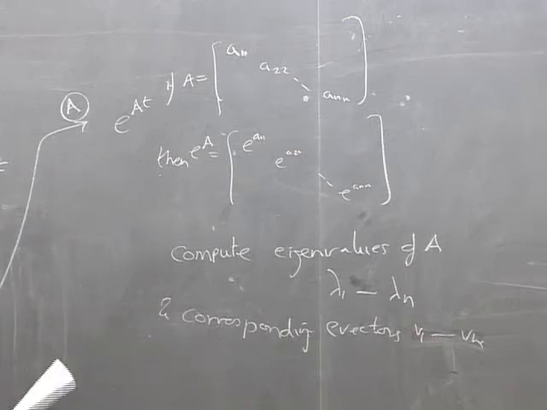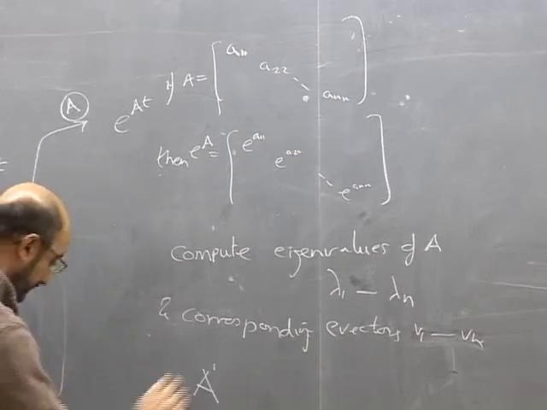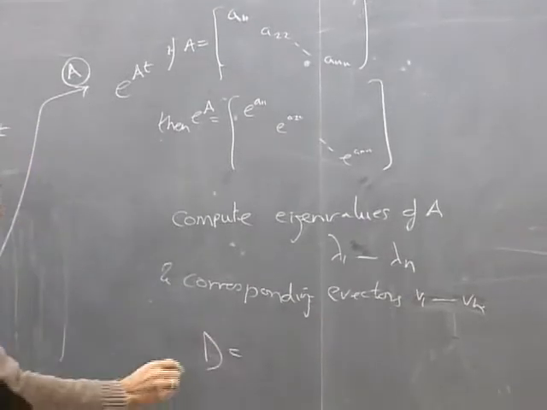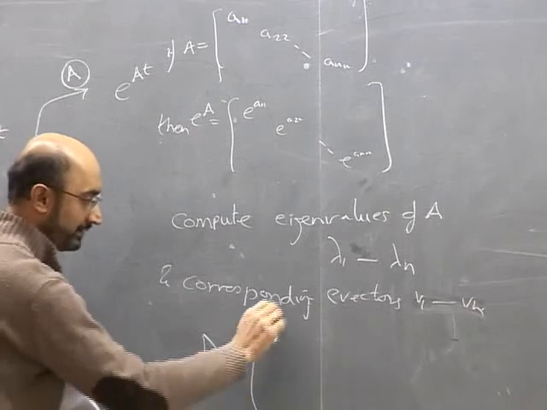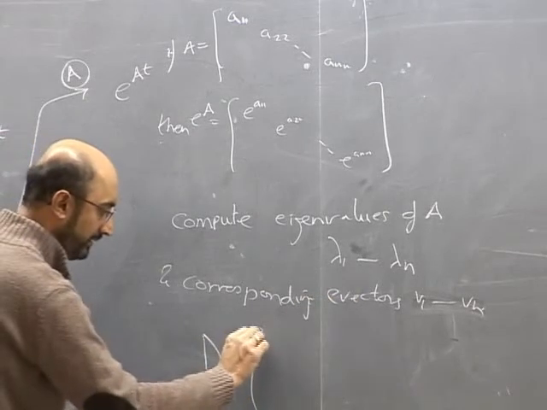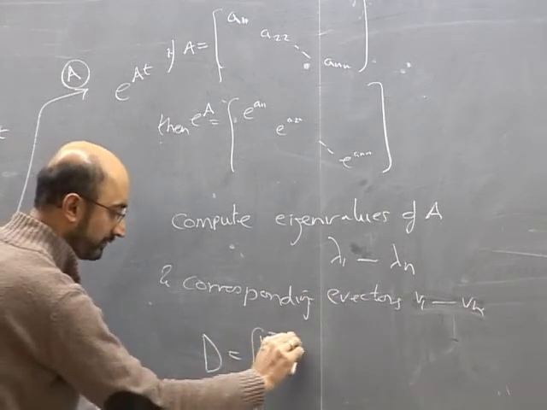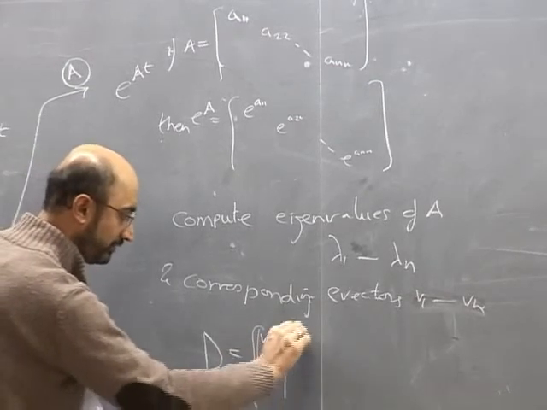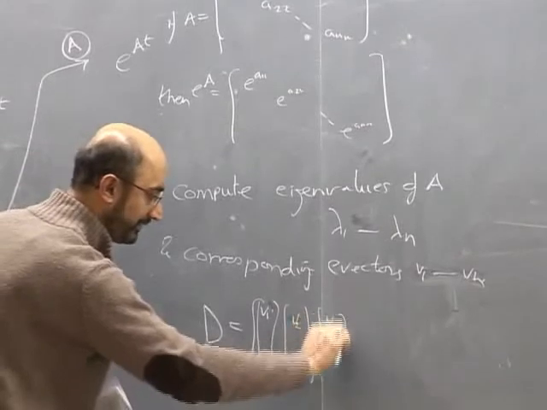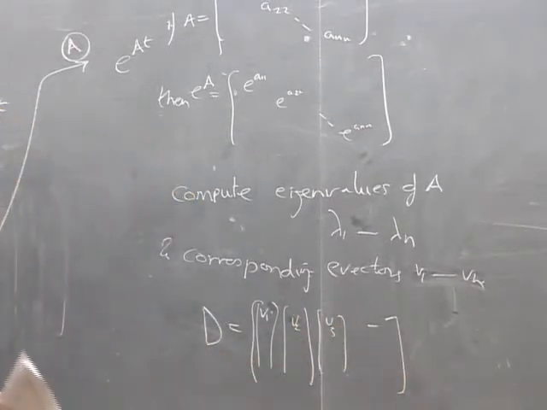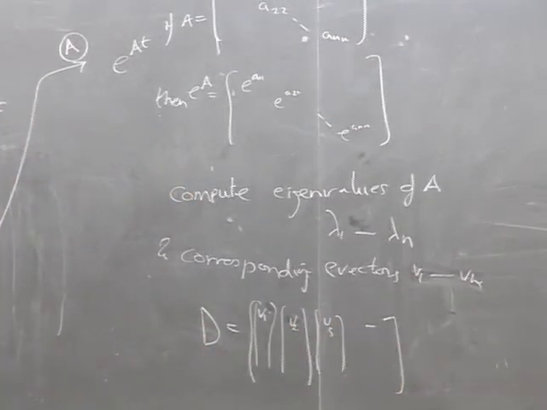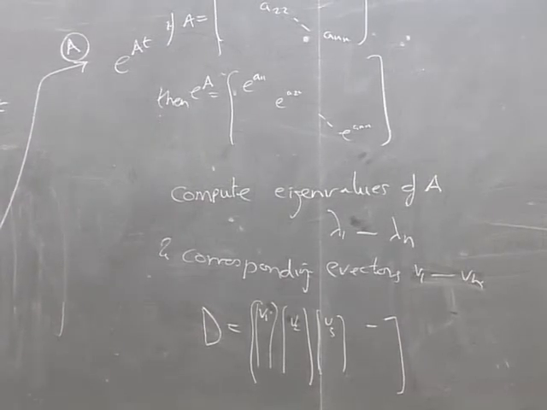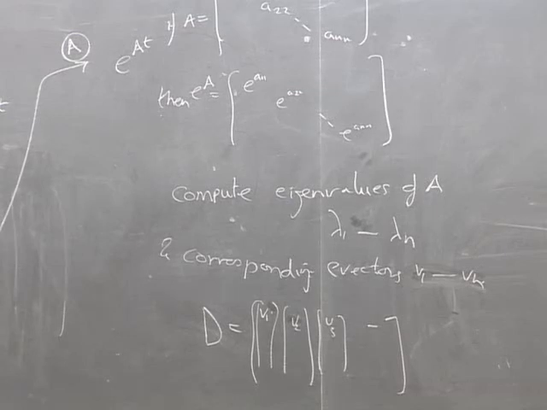Then we know that A to the m, first of all, we define X to be the matrix whose columns are the eigenvectors: v1, v2, v3, etc. These are the eigenvectors, and that creates this matrix X, which is the diagonalizing matrix.